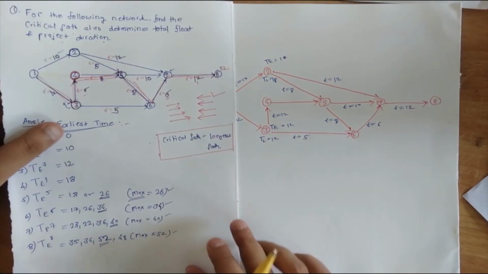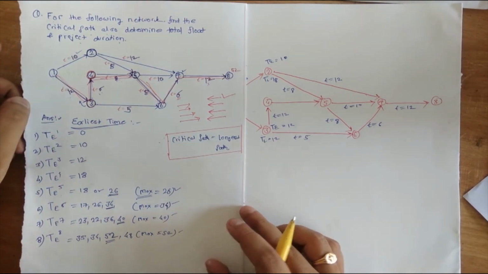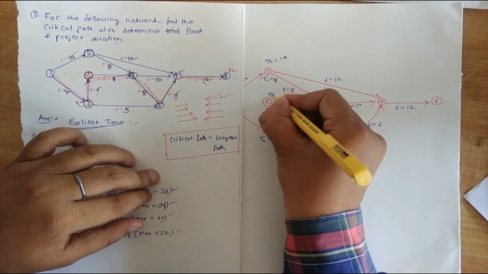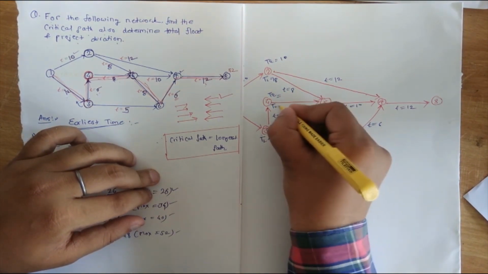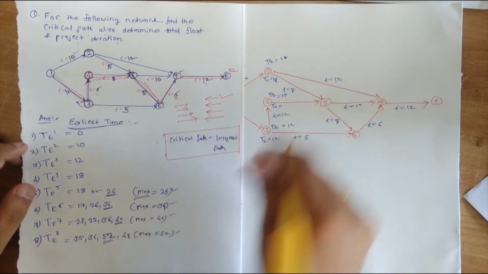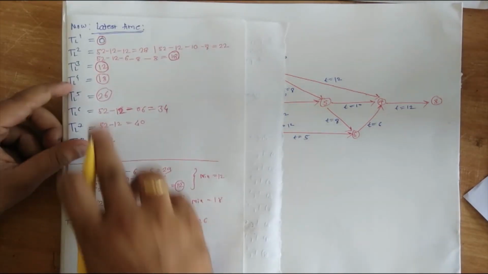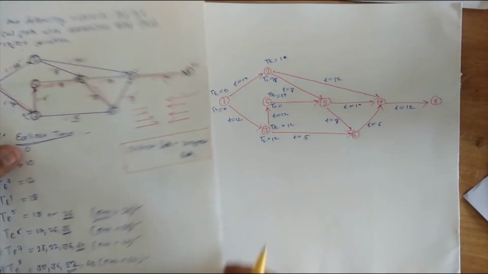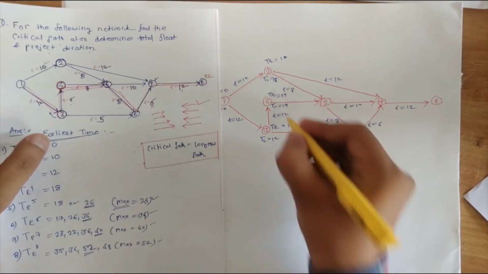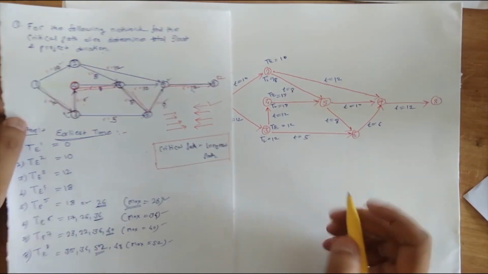Alright, so this calculation we have done. Clear? So at point 4, the earliest time and the latest time: at point 4 we have 18, and the latest time at point 4 is also 18. Clear? 18, 18. So this we have to write down here.